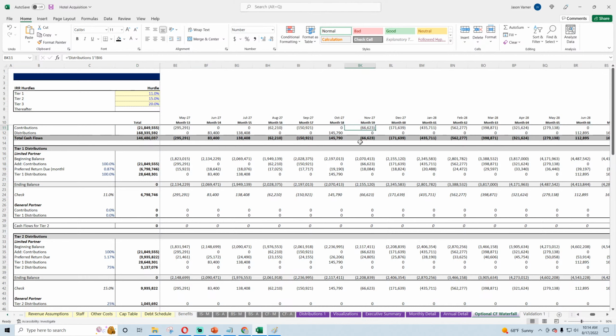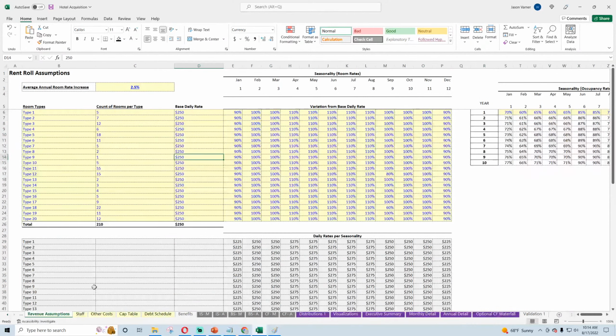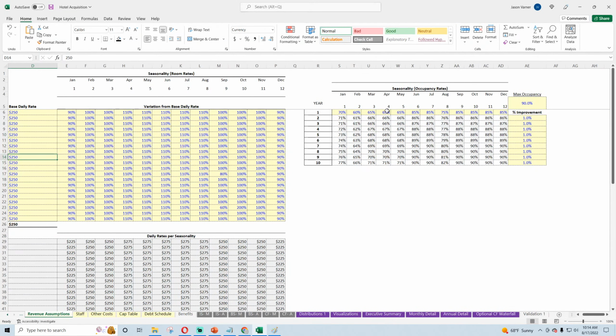Wow, still, let's look at 2027 here, or 2028. So based on our seasonality, whoa. Okay, hold on. What do we put here for seasonality? Or occupancy is pretty low. Let's just change occupancy to like 80, 85, and then the higher months would be 95.